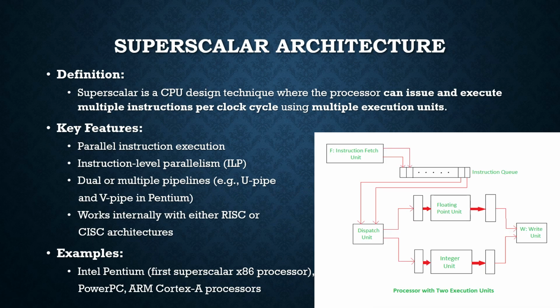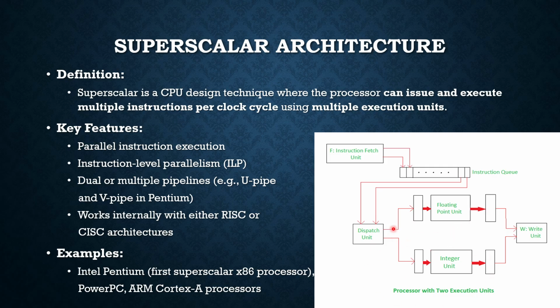Coming to the superscalar architecture. Superscalar is another type of CPU design where the processor can issue and execute multiple instructions per clock cycle using multiple execution units. For example, let us consider one execution unit for floating point and another for integer.